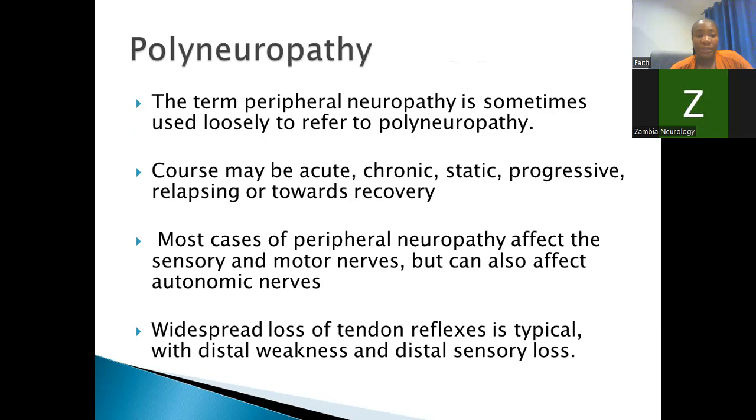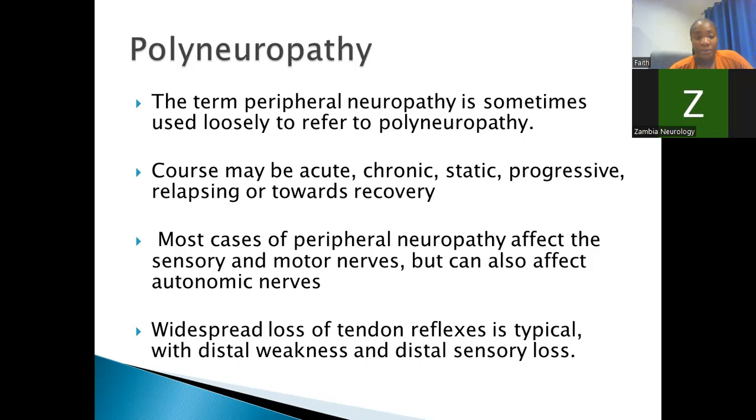And polyneuropathy will take a course that might be acute, it might be chronic, it might also be static or progressive, relapsing or towards recovery, meaning the patient might actually begin to improve during the course of the illness. And most cases of a polyneuropathy affect the sensory and the motor nerves, but they can also affect the autonomic nerves as well.